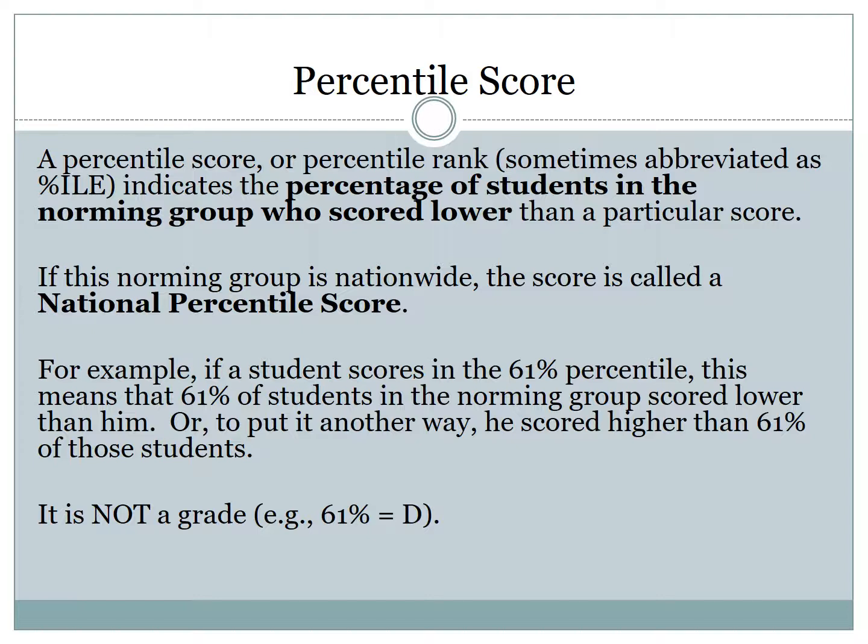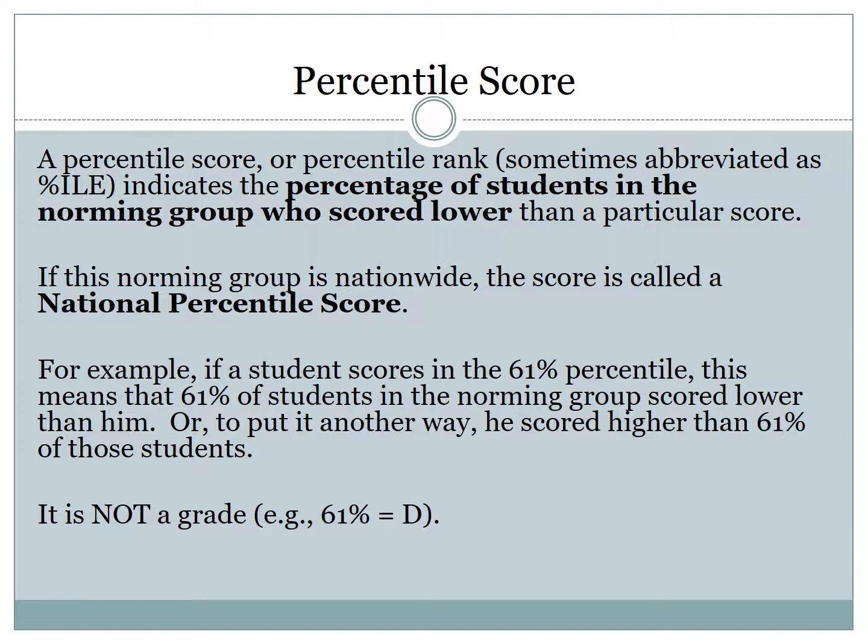Then they plot a normal curve, and they see where the students who are taking the test compare against that normal curve. If that's a national sample, it's called a national percentile score. So you might sometimes see that. If you see national percentile score, know that that standardized test was normed on a national sample of students.